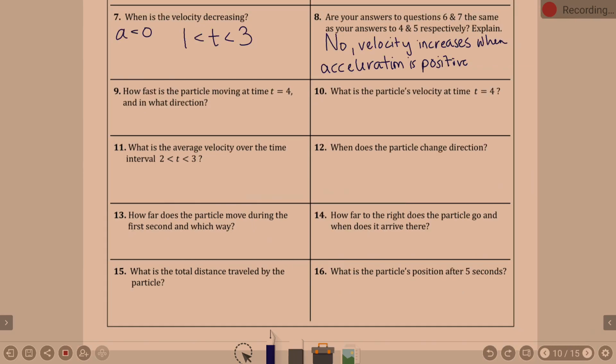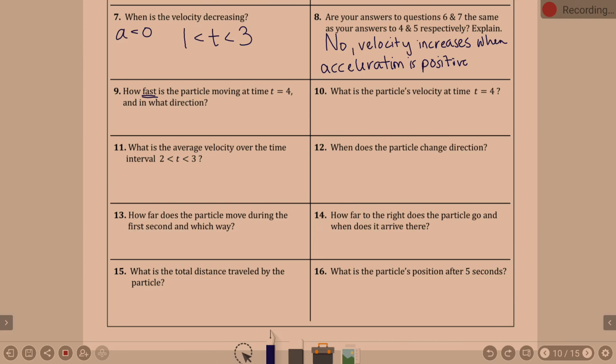Now, their question, how fast is the particle moving? What's fast asking? It's not exactly velocity. Not acceleration. What's the other one? Speed. Yeah.